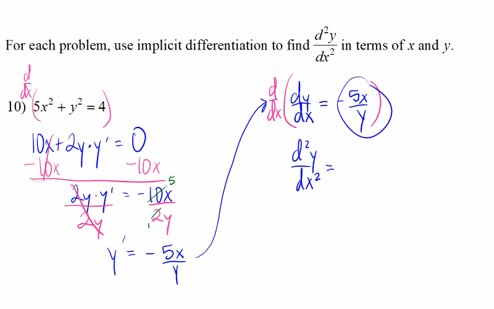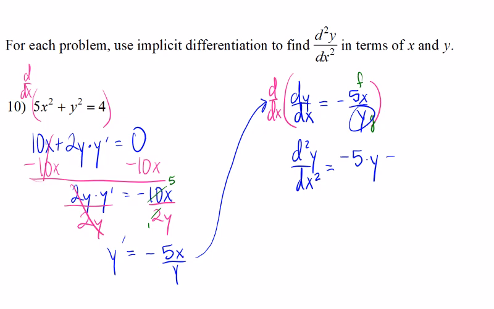Now on the right side, when we d dx everything, now we have a quotient rule going on, right? So we can consider this our f function and this our g function. So we're going to do f prime. The derivative of negative 5x is negative 5 times g, so it'll be negative 5 times y. And then minus, we'll do g prime.